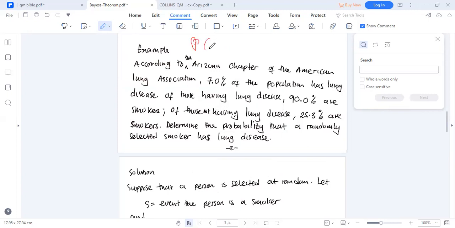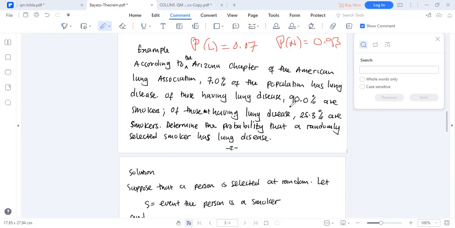Say lung disease 7%, so 0.07. How about the probability that a person has no lung disease? Should be 93%.